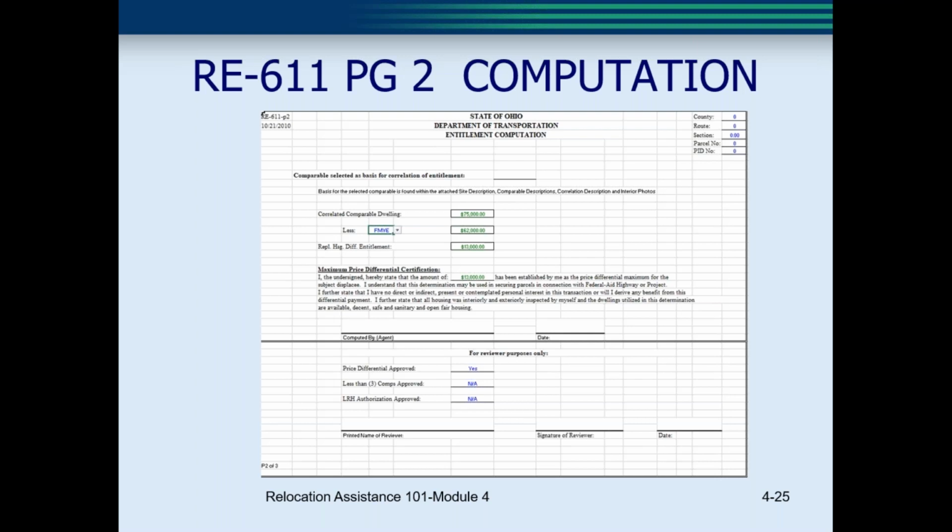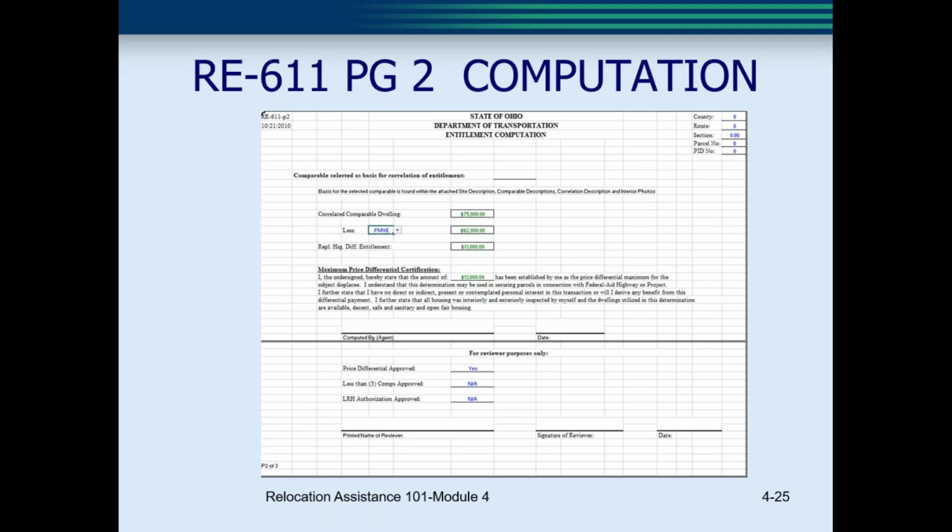And then the agent calculates the maximum amount of the price differential. You're going to put in the numbers, and it's going to look like what we just looked at on the previous slide.